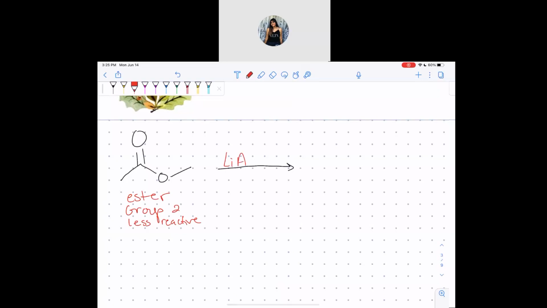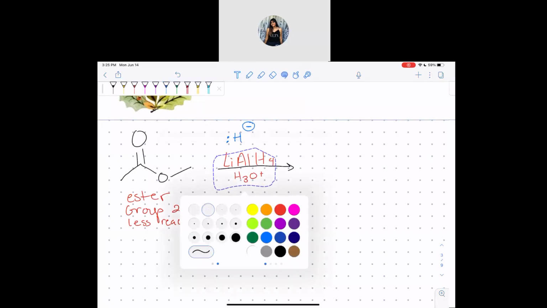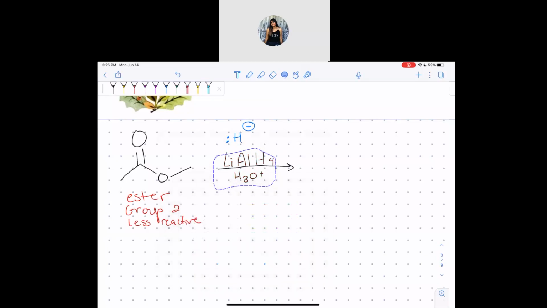Then H3O plus. But we know that our reducing species is still going to be the H minus. So it's always going to be the H minus. Don't mind me color coordinating. It just makes more sense to me that way.